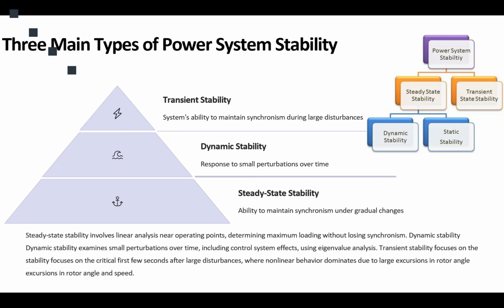These are gradual changes, not sharp, short-time changes. So these are the three main analyses that define the stability of the system. We already covered the steady state. This week we are going to talk about the transient one.